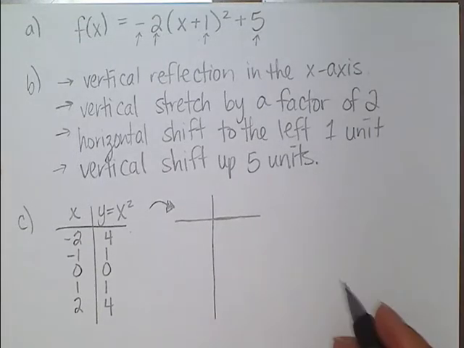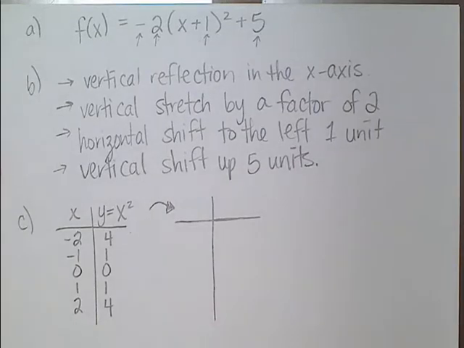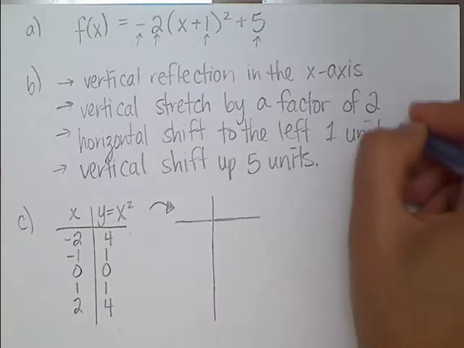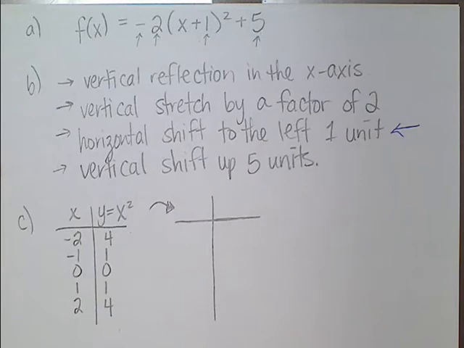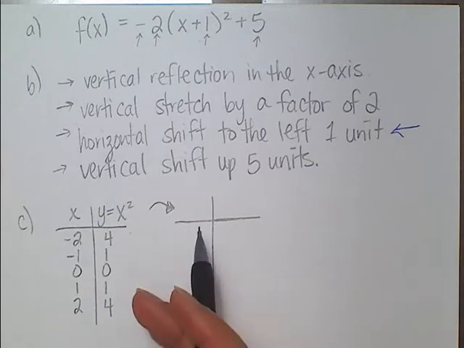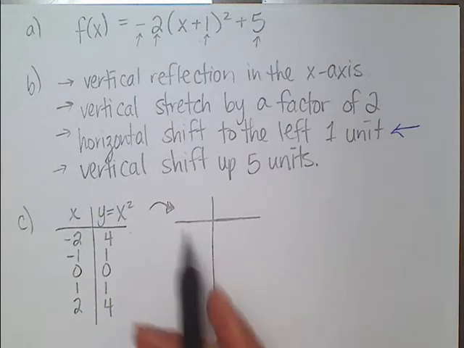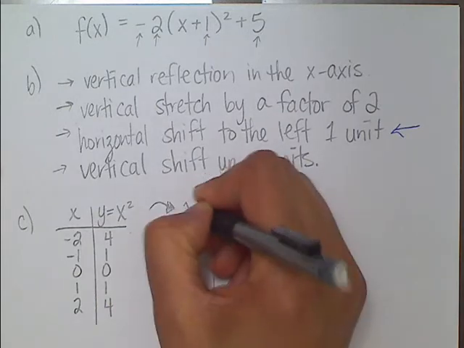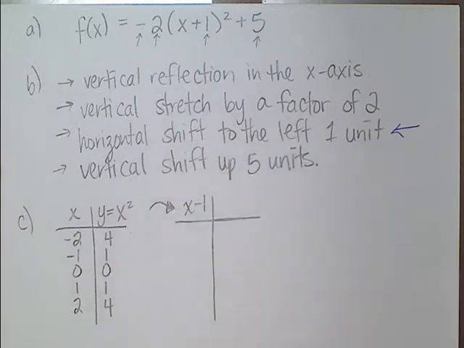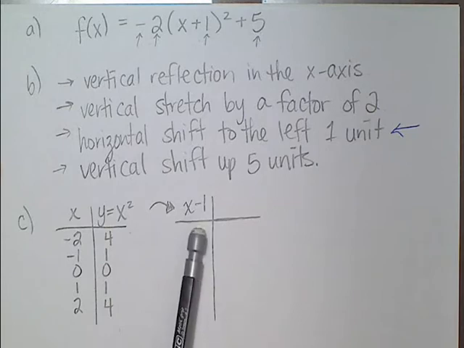So if I think back to my transformations here, the only transformation that was horizontal is a horizontal shift to the left 1 unit. And so what that would mean is I would take the entire parabola and move it to the left 1 unit. As I move the parabola to the left 1 unit, I'm actually decreasing each of the x values by 1. And so if I'm decreasing the x values by 1, I'm essentially just subtracting 1 from all the x values.